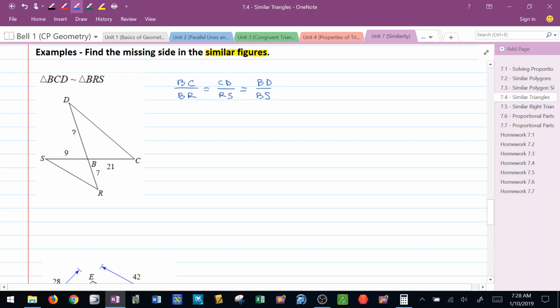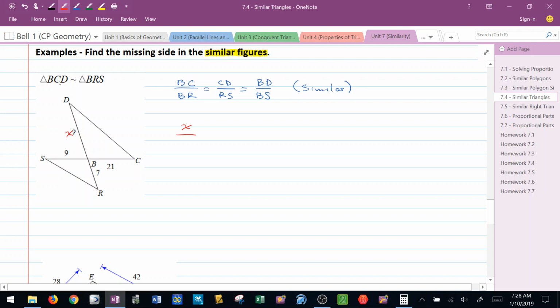This is what it means whenever we hear the word similar. That we are able to write this extended proportion in order to help us find missing pieces. Now, if I use this as a guide, the way that I like to do these problems is I always start with the question mark or what side they're trying to get me to find. They want me to find DB, so I'm going to say X over DB. Let's see.